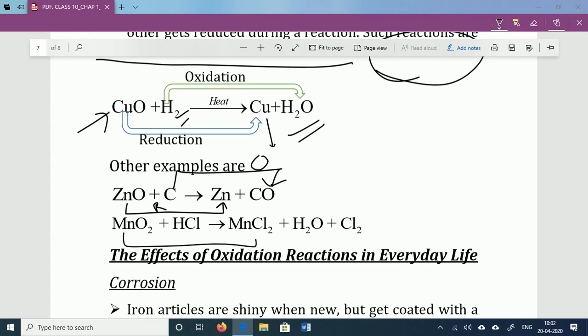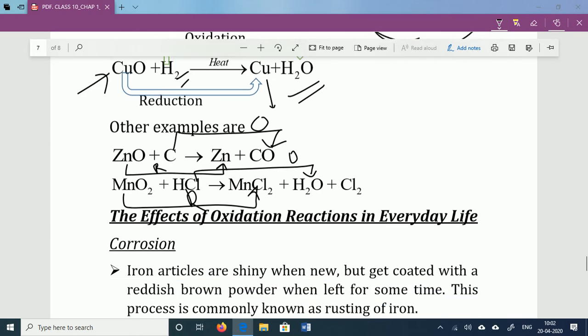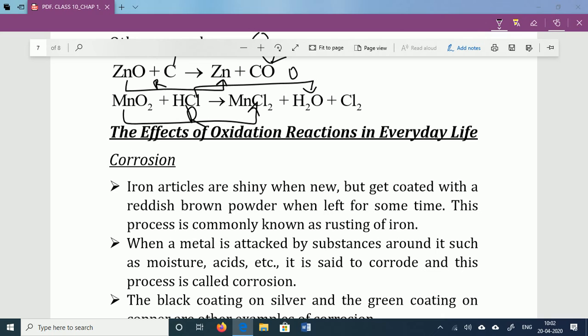This one is the reduction process, and this one is the oxidation process. So we observe that when any oxidation reaction occurs, side by side a reduction reaction also occurs. This whole reaction is combinedly called a redox reaction, otherwise oxidation reduction reaction.